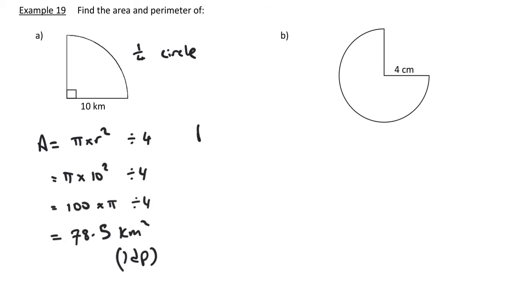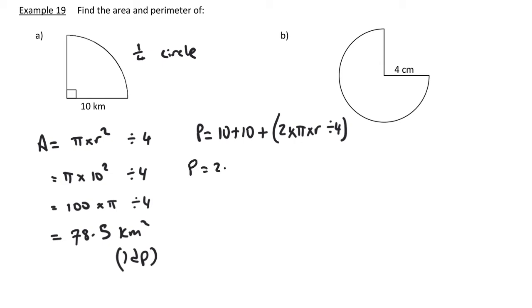The perimeter this time, so that's the distance around the outside, so we're going to have the base and the height and then the curved part. So that's going to be 10 plus 10 plus 2 times pi times r divided by 4, because the curved part of the circle is a quarter of the circumference.